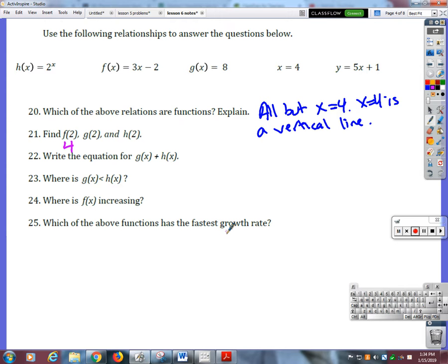The g function. What does the g function do? No. The g of x equals 8. So that function, it doesn't matter what you plug in, you're always going to get back 8 as an answer. It's a boring function. It's always 8, because that's what it says. G of x equals 8.